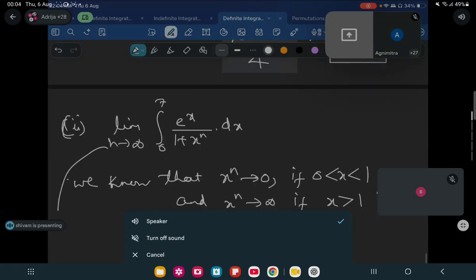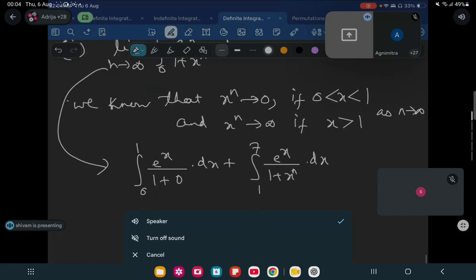Okay, so I'll break this limit. Limit n tends to infinity, this will become integral from 0 to 1 of e to the power x upon 1 plus 0 dx, plus integral from 1 to 7 of e to the power x upon 1 plus x to the power n dx.